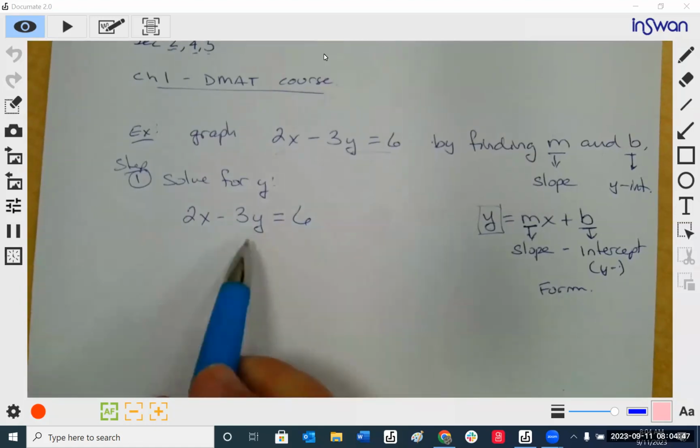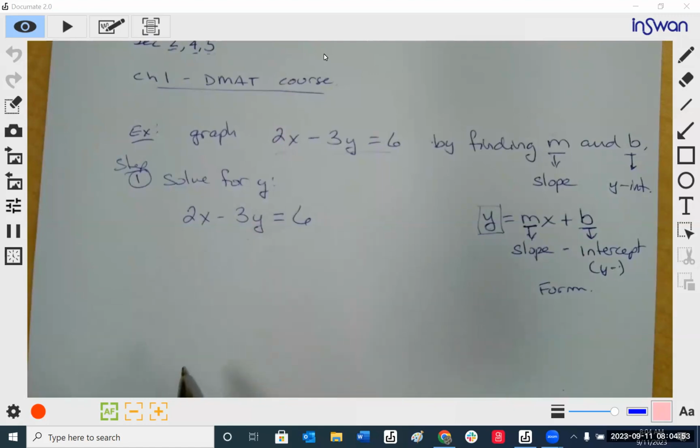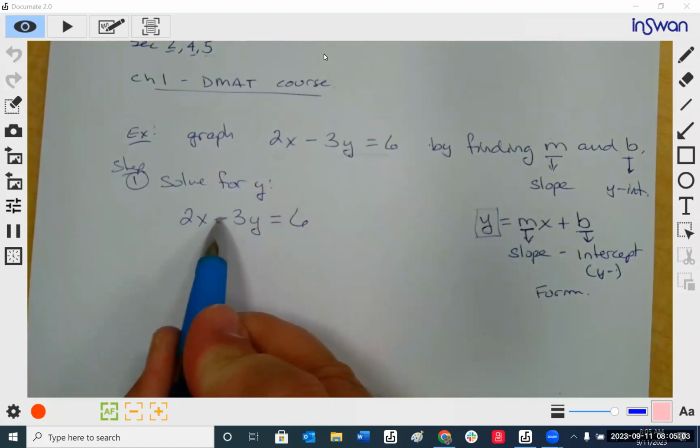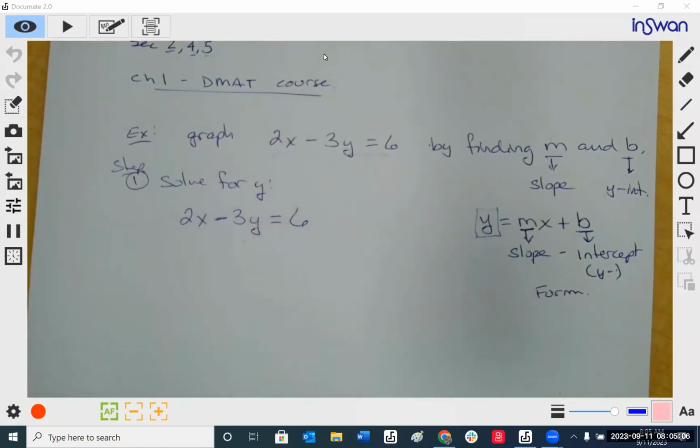Would it be wrong moving the y to the other side? No. Actually, in a lot of instances that may be the safest thing to do, because since the sign in front of the y variable is negative, it may be easier moving that over. But let's look at it both ways.